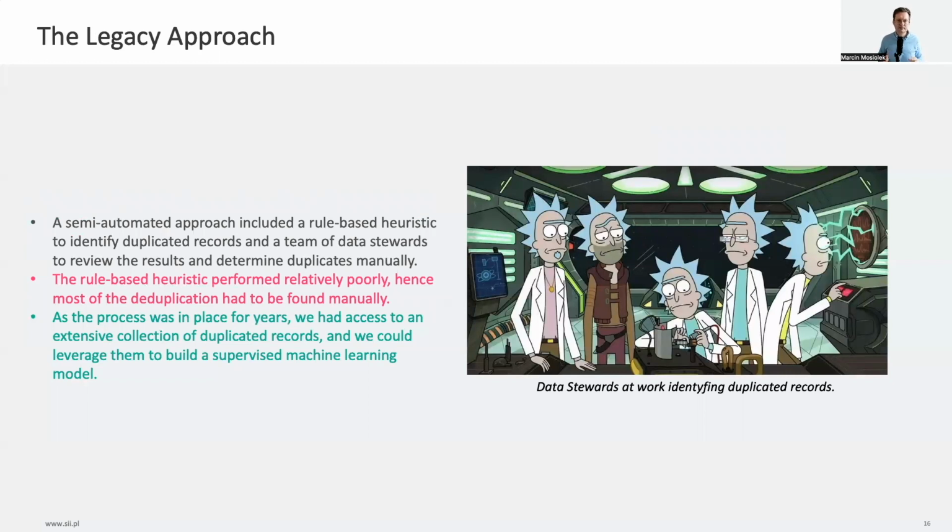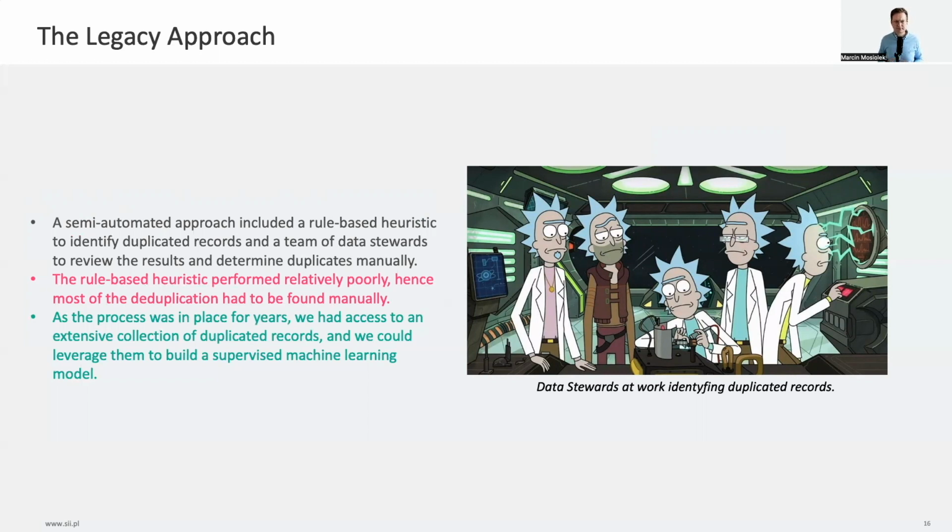And then a team of data stewards used to review the algorithm results, but also to look for duplicates manually. Unfortunately, the heuristics performed rather poorly, and most of the work had to be accomplished fully manually. Therefore, it required replacement as it was a very time-consuming activity.